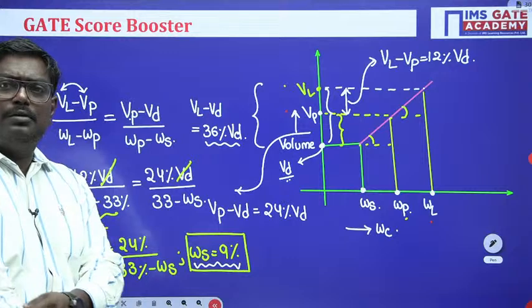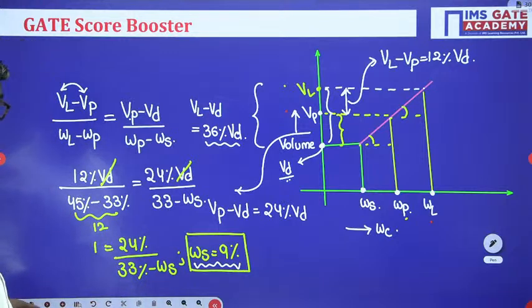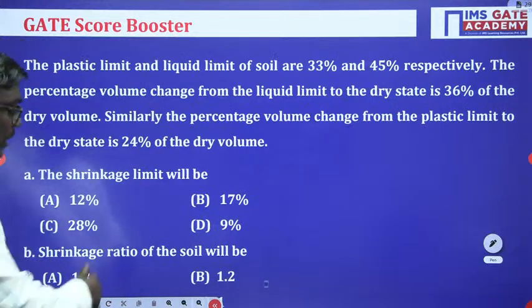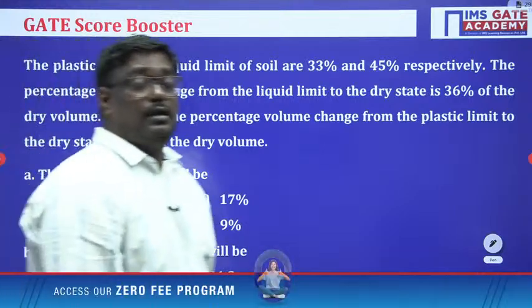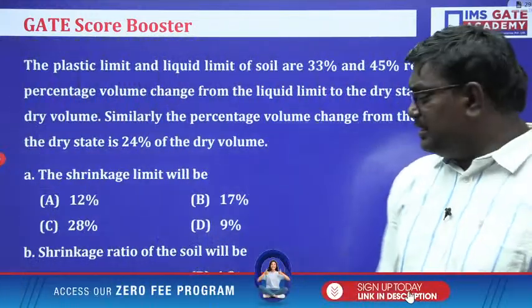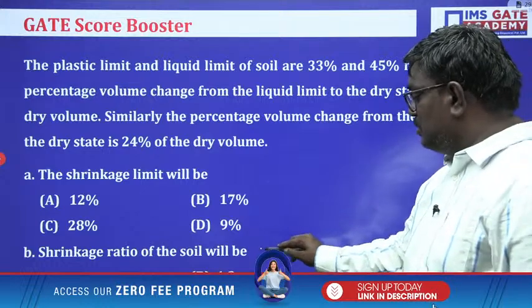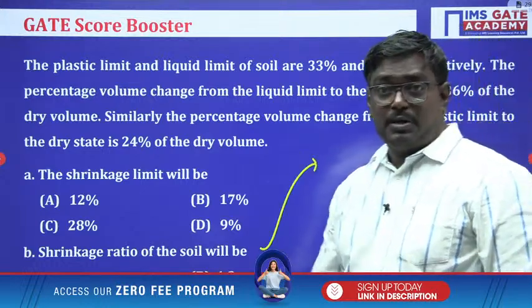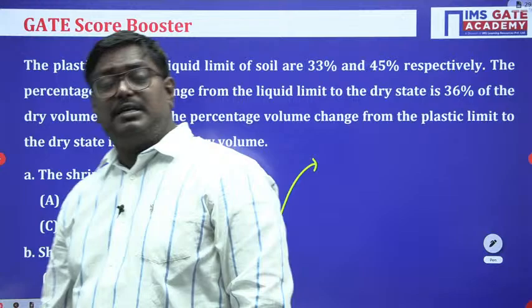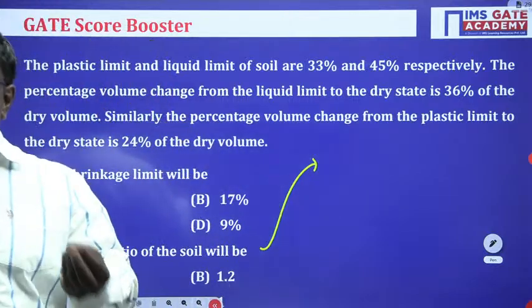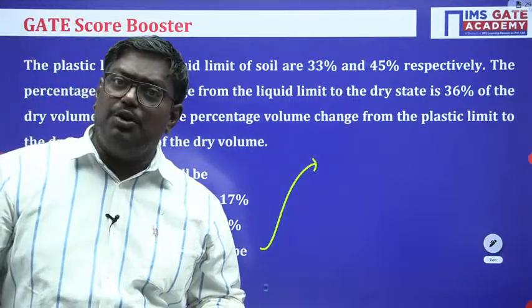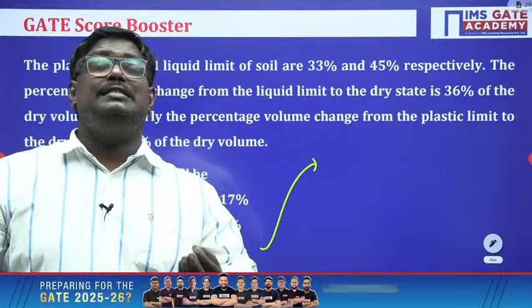Now you got the shrinkage limit, but what they are asking is the shrinkage ratio of the soil. This question is very simple if you know the concept. Shrinkage ratio is nothing but the volume change expressed in terms of dry volume to the corresponding change in water content.